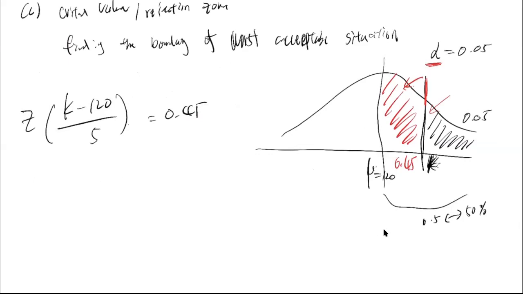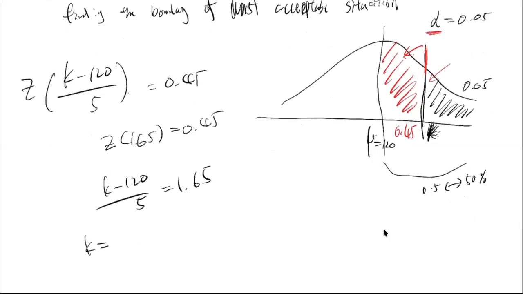We calculate this red area equal to 0.45, and we can reverse engineer to calculate k, because when we look up the table, the z-score for 0.45 area is 1.65. So inside the z function, (k minus 120) over 5 is equal to 1.65. And then after doing the algebra, we know that k is 128.25, and that is exactly the boundary.